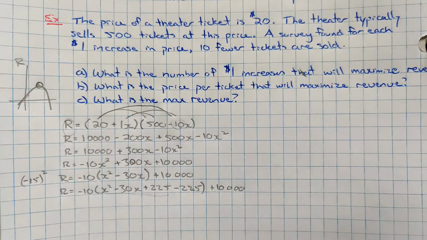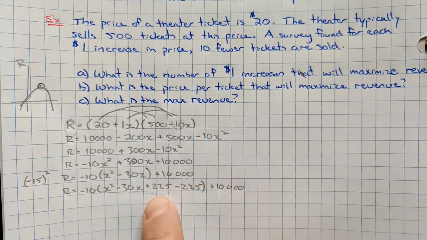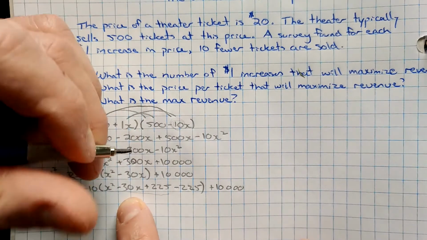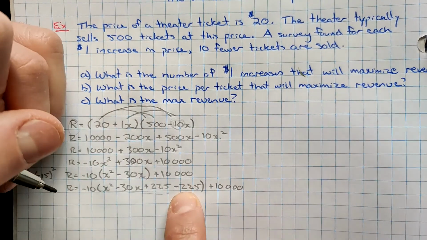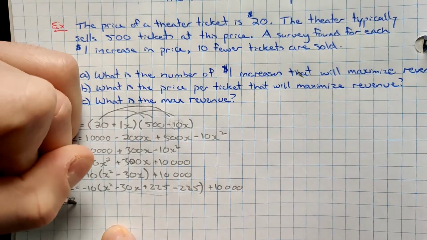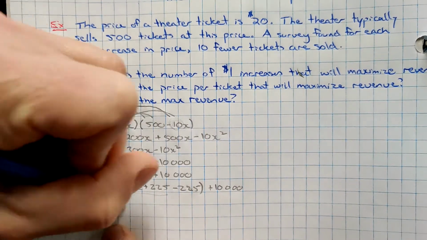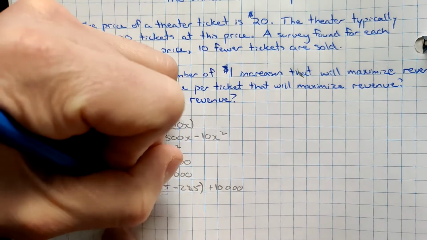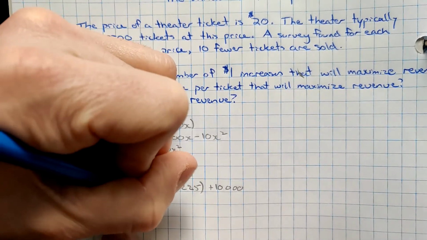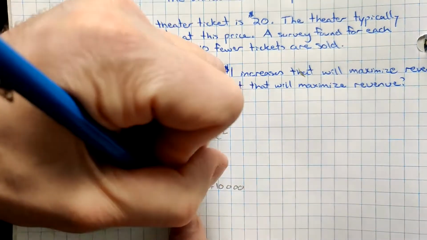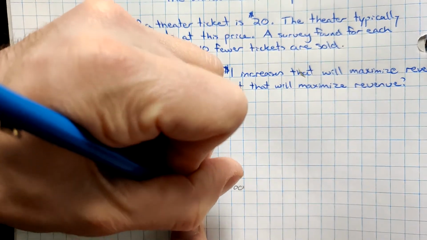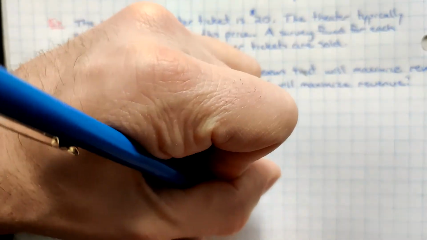Now that we have our perfect square trinomial, we can get rid of the negative 225 in the brackets by multiplying it by the negative 10. That's going to give us a positive 2,250 plus 10,000.